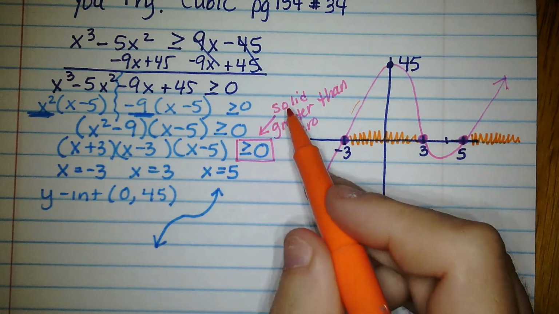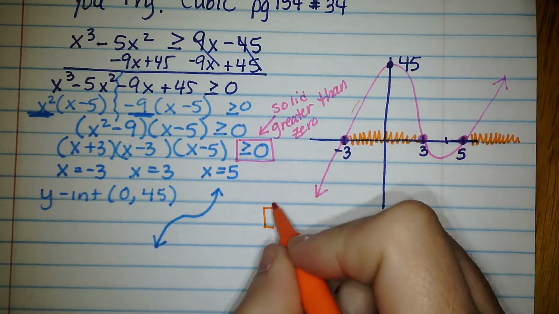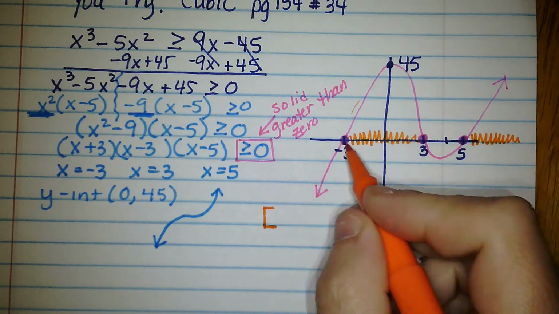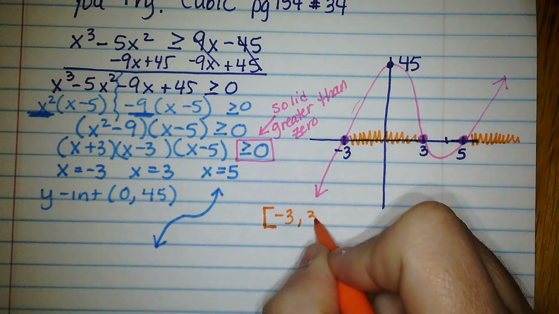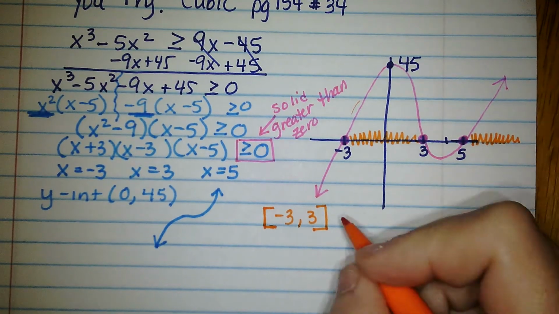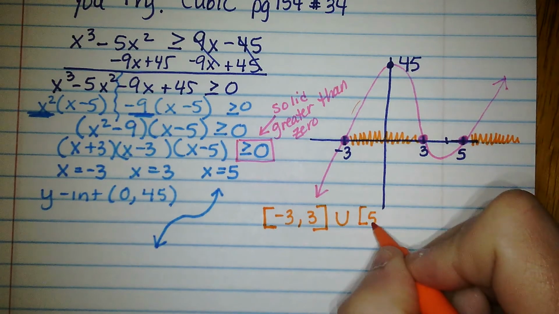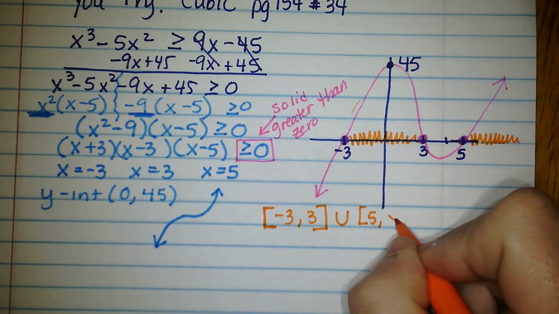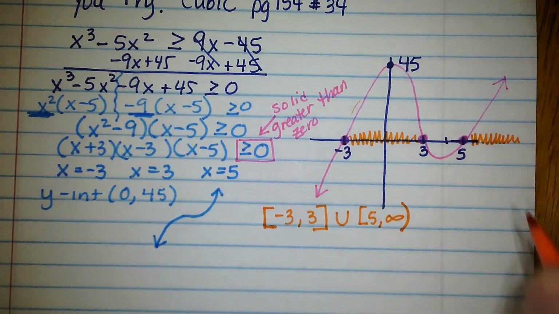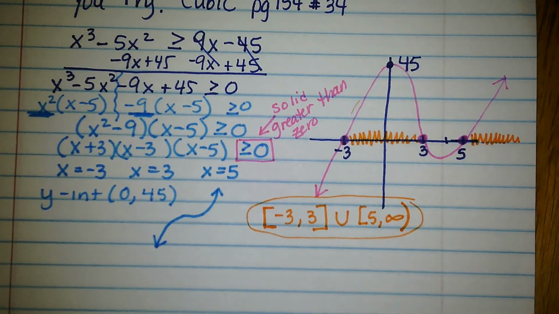Because it's solid, because there's an equals, we are using a square bracket with a negative 3, comma 3 for our first section because they're solid. Union, our second section, starts at 5 and goes to infinity. And don't forget that infinity is always a parenthesis. And this is your final answer for your cubic.